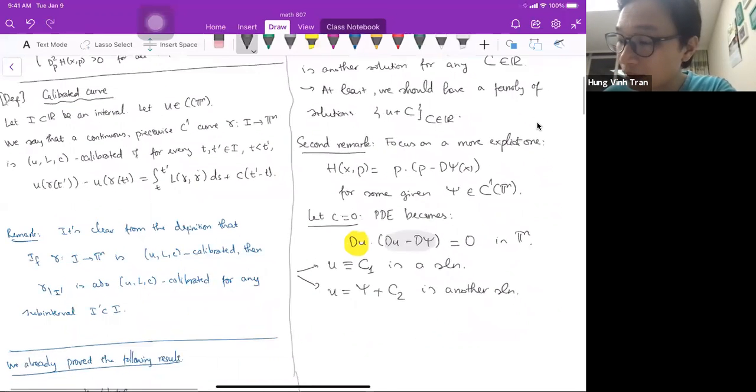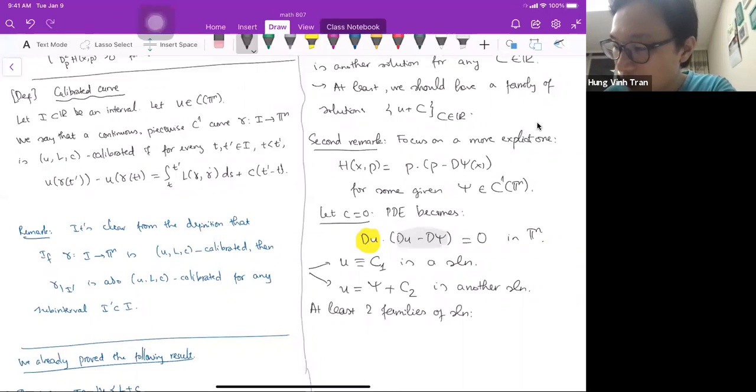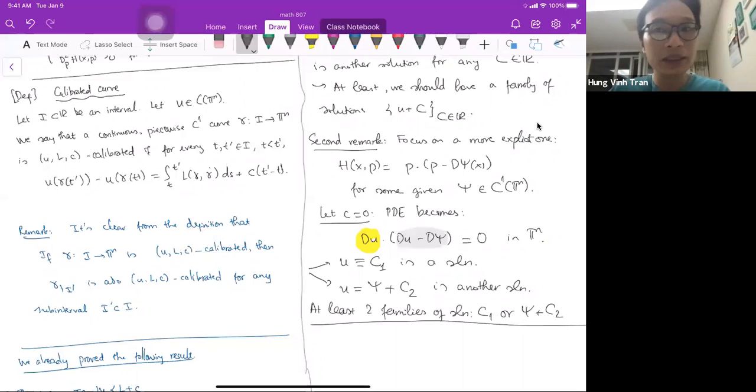So at least you see already that in this very natural, simple example, we have at least two families of solutions, like C1 or c plus C2. Later on, we're going to see that there are going to be even more.